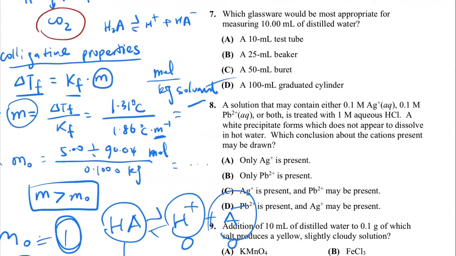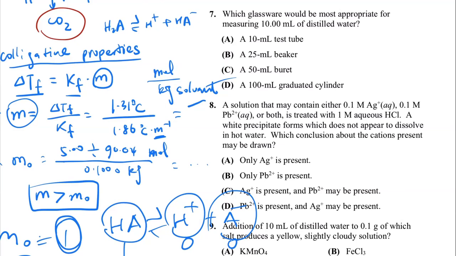I was just wondering, could you also solve it by using the i factor and then comparing the number you get from that to 3, because it would dissociate into H plus and A minus, and then use that ratio to find the percent dissociation? But the problem is you don't know what the i factor is without the calculation, because this is not a strong acid.